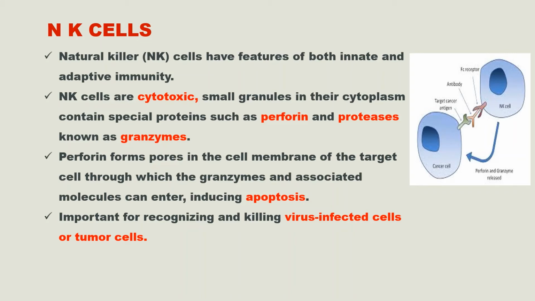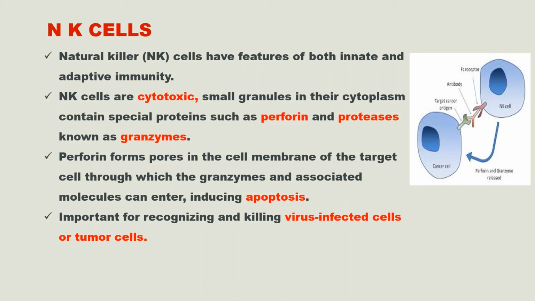Small granules in their cytoplasm contain special proteins such as perforin and proteases known as granzymes. So inside the cytoplasm of NK cells, some proteins like perforin and proteases are present. These two together are called granzymes. That you have to remember.